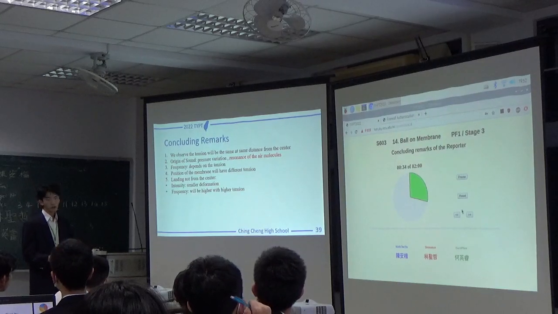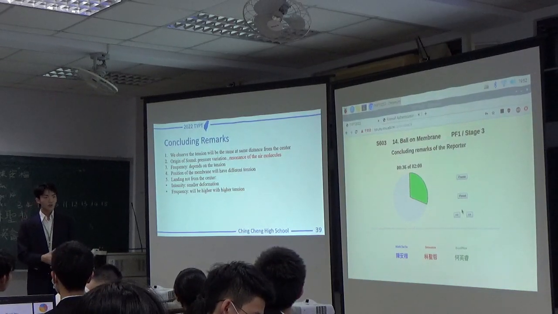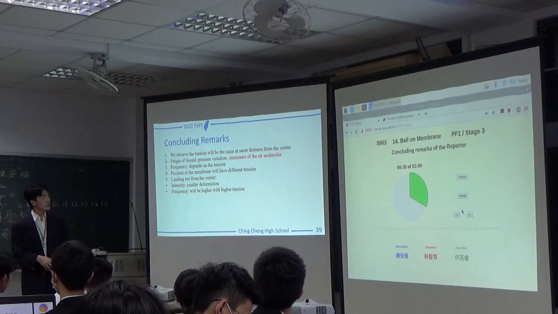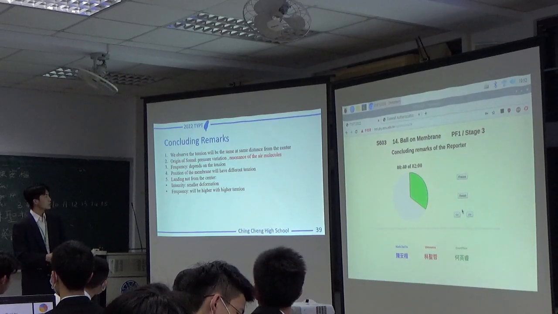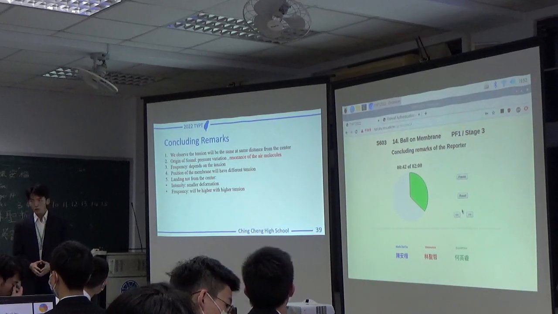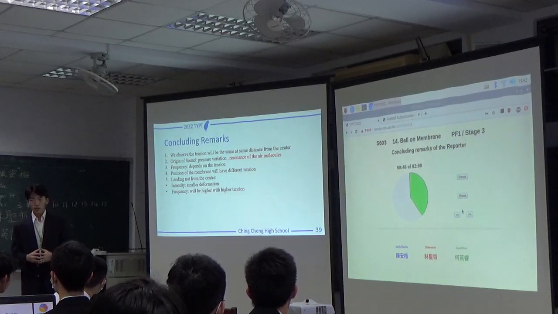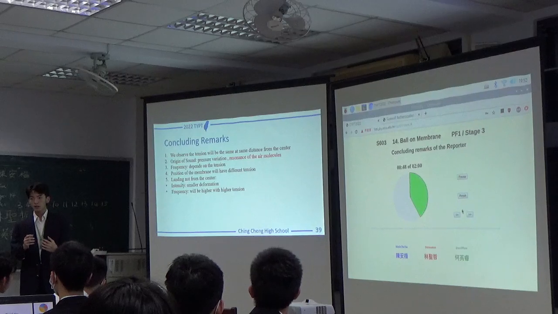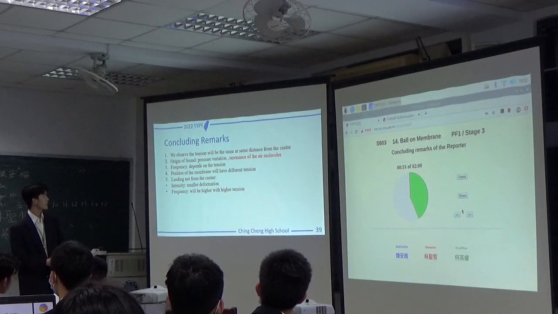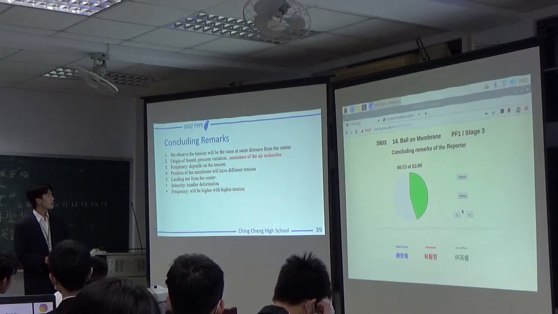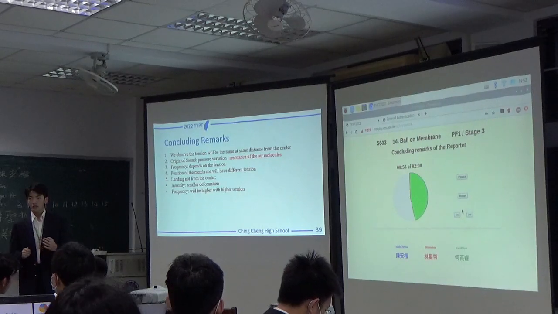So for the origin of the sound, through the discussion with the opponent and reviewer, we think it comes from the pressure variation. We also think that the resonance of air molecules will cause the different characteristics of the sound. And for the frequency, we think it depends on the tension.